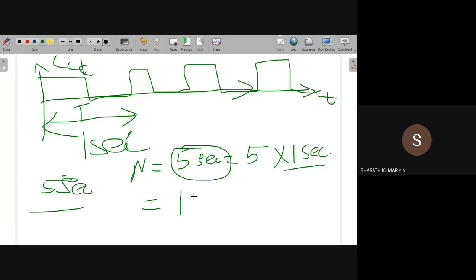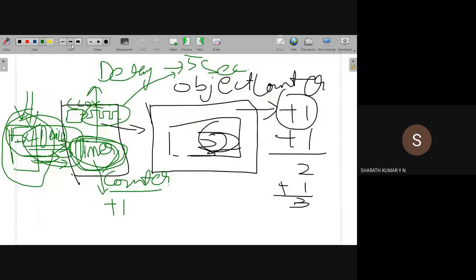Similarly, to generate a delay of 100 seconds, I need to count 100 clock pulses. This internal timer counts the clock pulses continuously to generate an n second delay, in this case a 5-second delay.